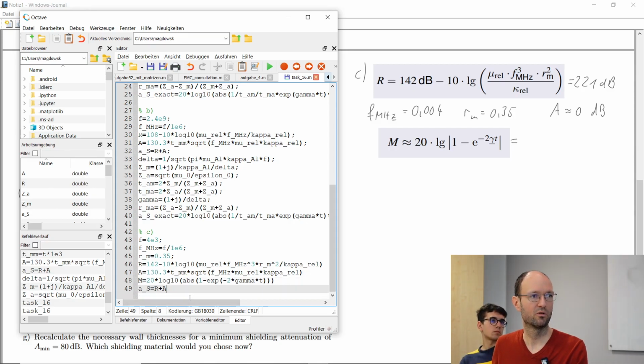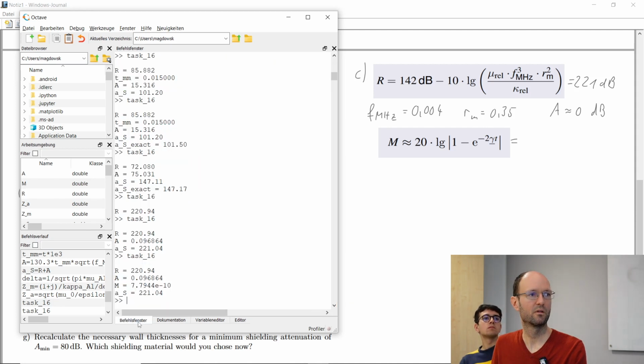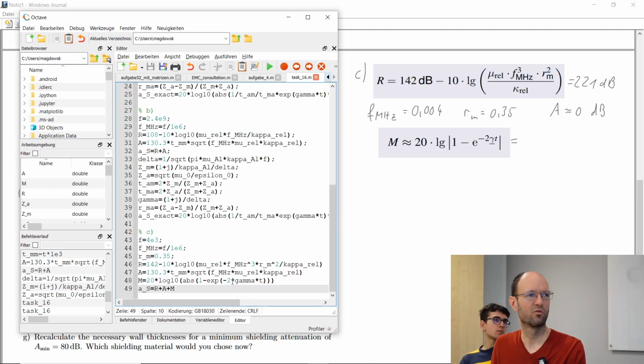And so now we need R plus A plus M. And I will run it. And this cannot be, M cannot be that small. Something must be wrong in my formula here. 1 minus.